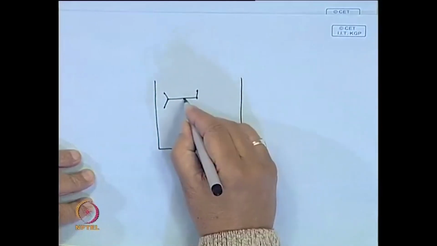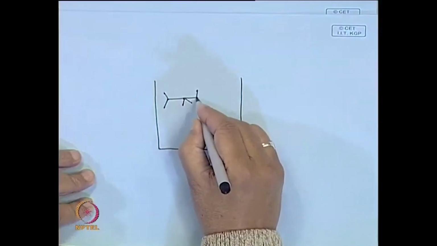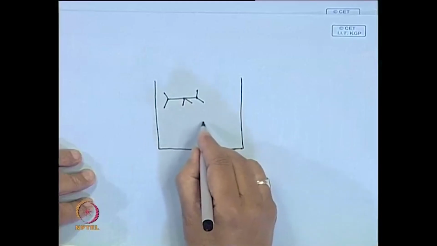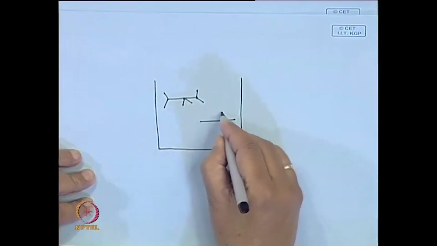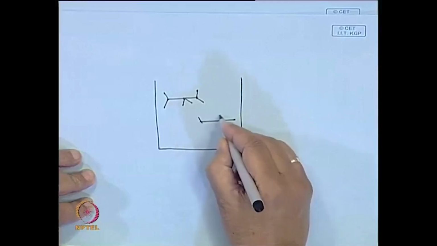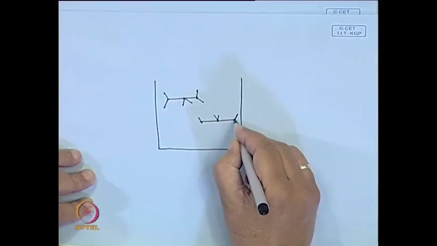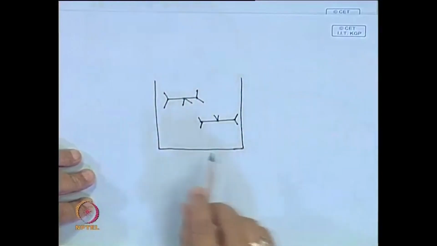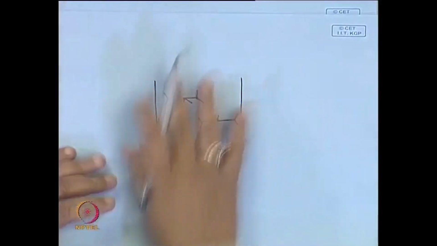So, this is a two phase region, and similarly the eutectic will also be at a fixed temperature, somewhere you draw this, and then you try to join.